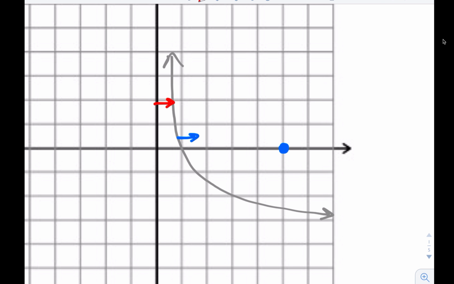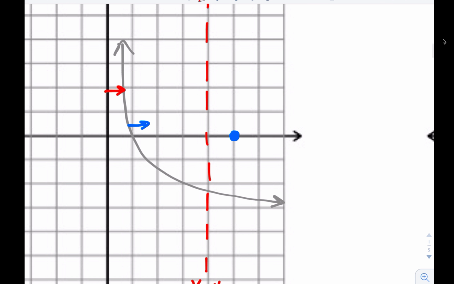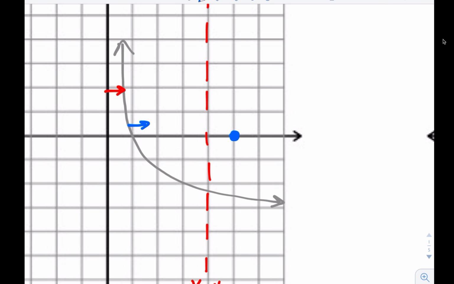So it should be going through x equals 4 now. So I'm going to draw that. All right, and then all I need to do is draw that same shape, making sure that I go through (5, 0). Okay, so that's what your log graph is going to look like.